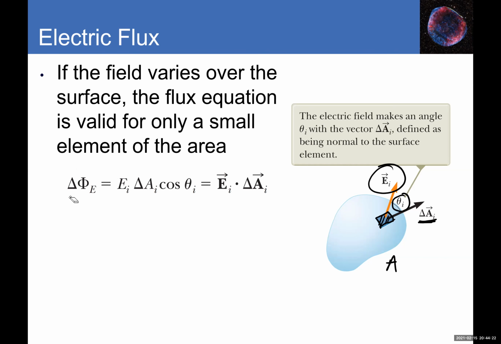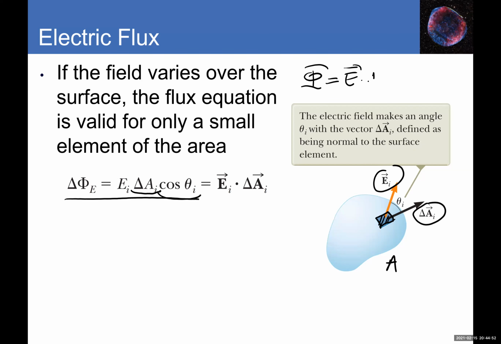So again, the flux using that equation is the electric field through that surface of interest times the area of that surface, which has a size of delta A, times cosine of theta i. Now, if you remember your mechanics class, we learned that if you have two vectors, vector E and vector delta A, then this flux as a quantity is technically the product of those two vectors.